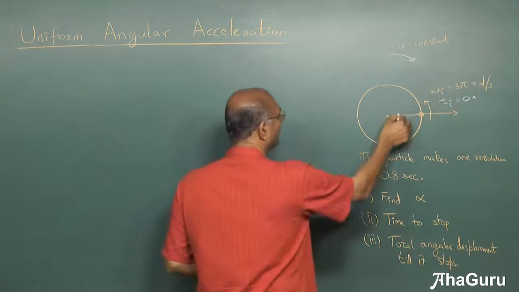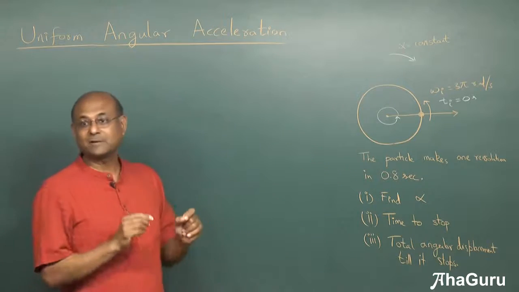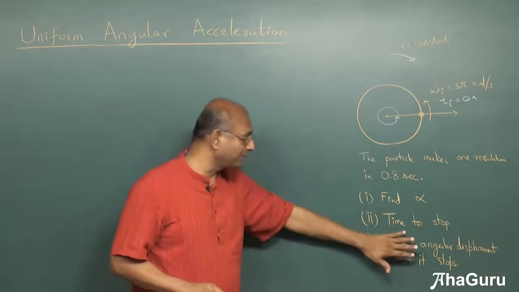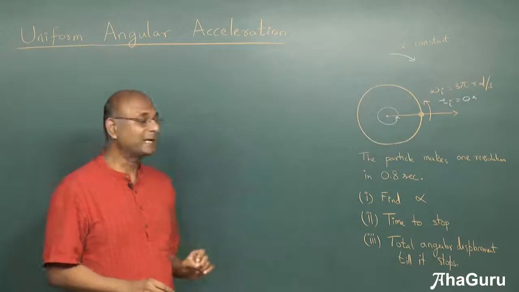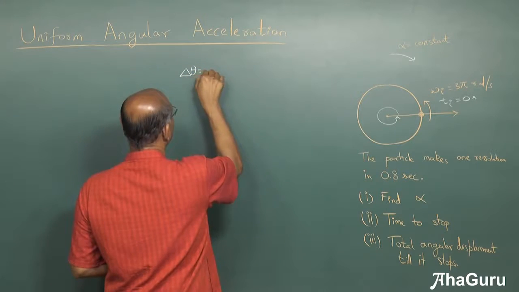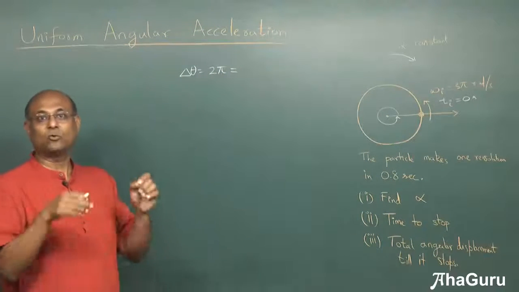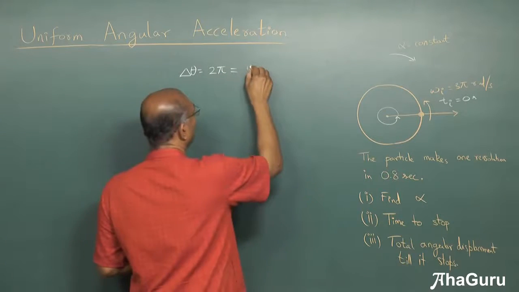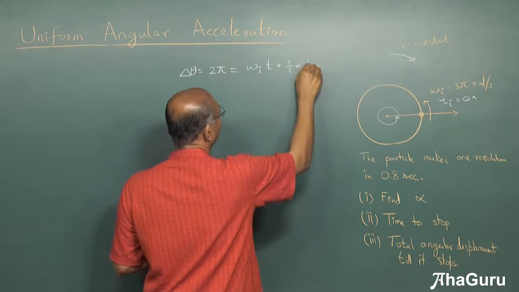Well, if it makes one full revolution, that is, it comes back where it started, what is the angular displacement for just that part? We are also looking at the total angular displacement. But suppose it just comes back at that part, what is the angular displacement? It is 2 pi. So delta theta for that portion is 2 pi. But angular displacement must be equal to omega initial into time plus half alpha t square.